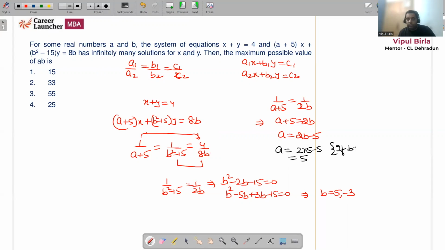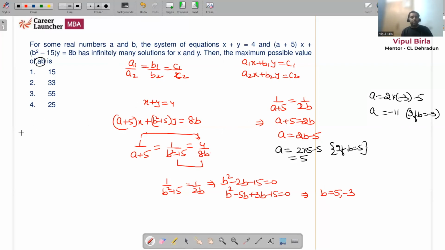And if b equals minus 3, a will become 2 into minus 3 minus 5, that is equal to minus 11. So the value of a is 5 when b is 5, and a is minus 11 when b is minus 3. Now the question says we need to maximize ab.